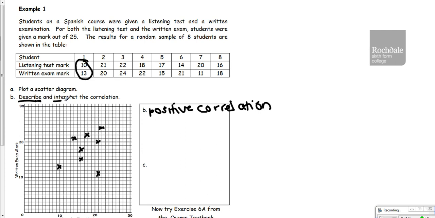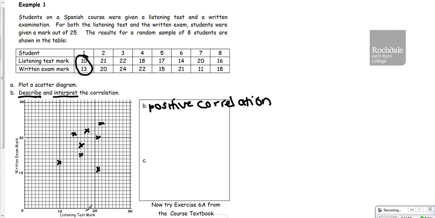And then we're asked to interpret. That means in the context of the question. Now, if you remember on the previous slide, as one increases, the other increases for positive correlation. So the listening test is on the bottom, and the written exam is at the side.